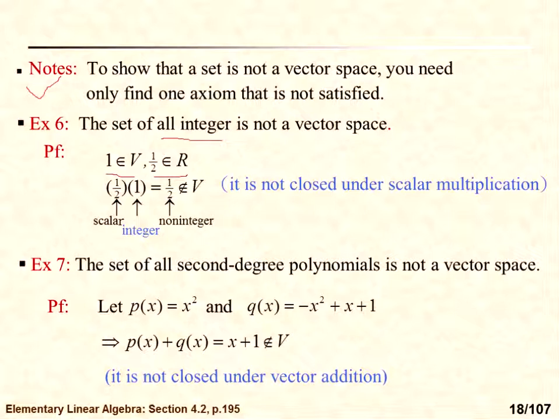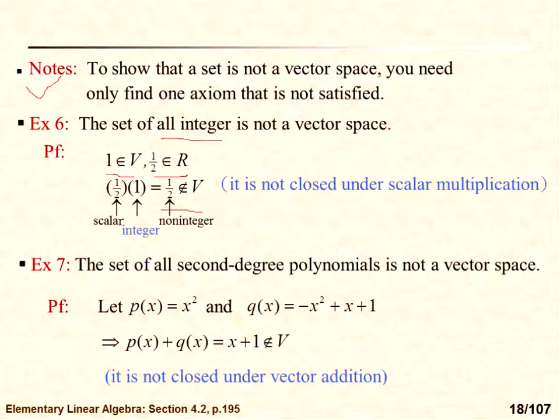Now if we multiply this real number 1 by 2 with the vector 1, we get 1 by 2. But 1 by 2 is not an integer. Integers are 1, 2, 3, 4, 5, 6, but 1 by 2 is not an integer.